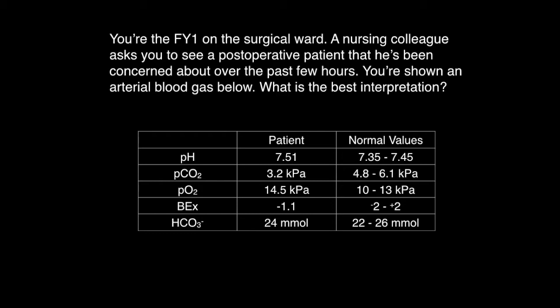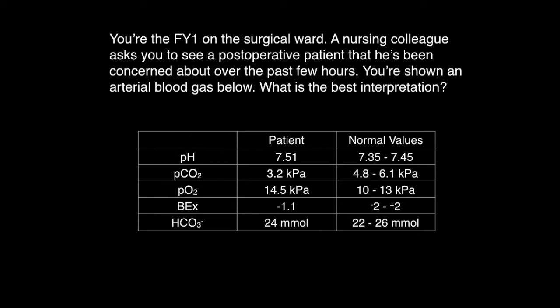The next question then, because don't forget there are only three bits to the acid base: there's the pH, CO2, and the metabolic component, whether you think about bicarb or base excess. So the third component is: is there any metabolic acidosis, alkalosis, or is there no metabolic issue?